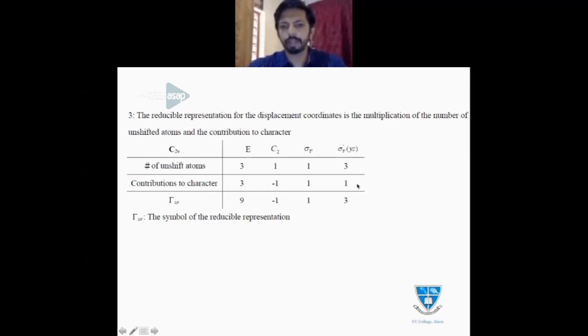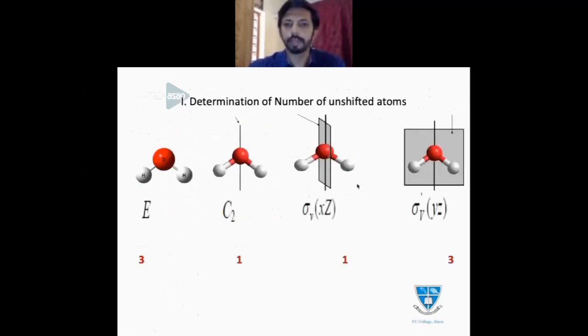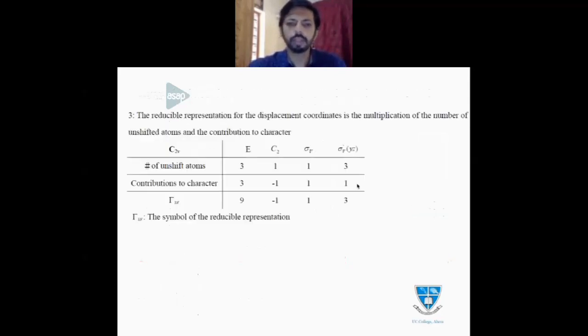So in the previous slide, we have determined the contribution, and before that slide, we determined the number of unshifted atoms. So we just multiply the number of unshifted atoms and the contribution to the character. That is 3 into 3, 9; 1 into minus 1, minus 1; 1 into 1, 1; and 3 into 1, 3. So this is the reducible representation: 9, minus 1, 1, 3.